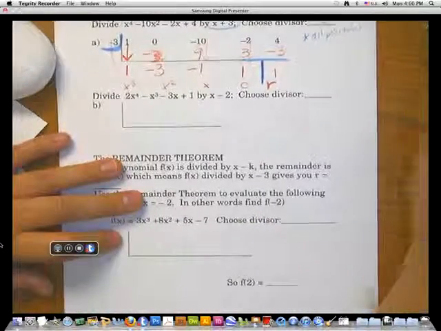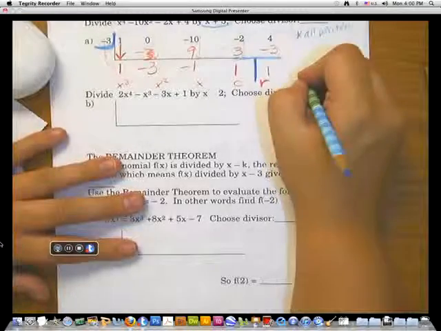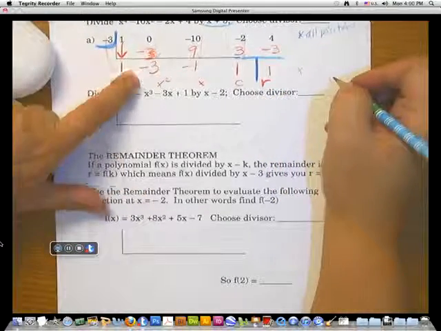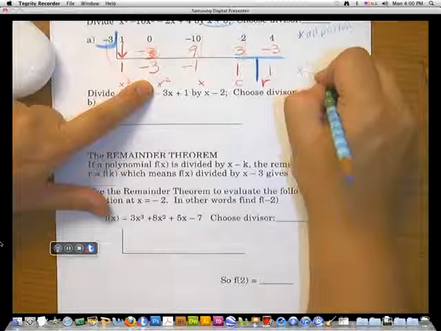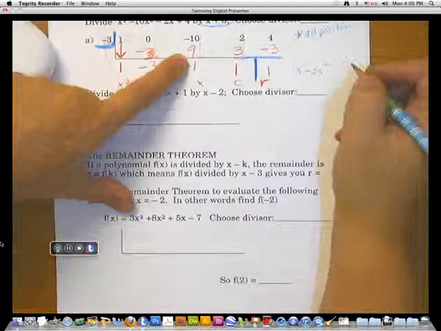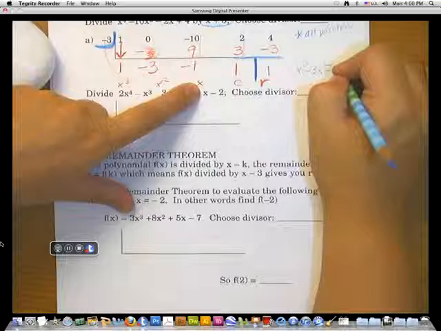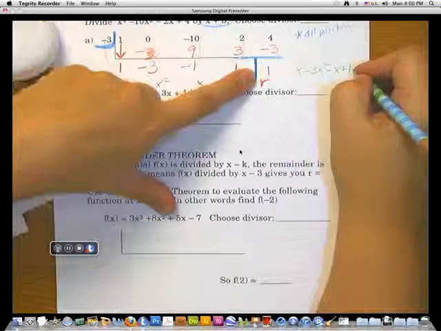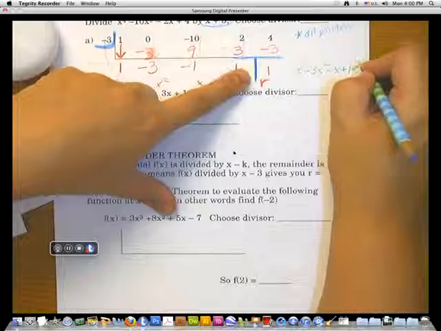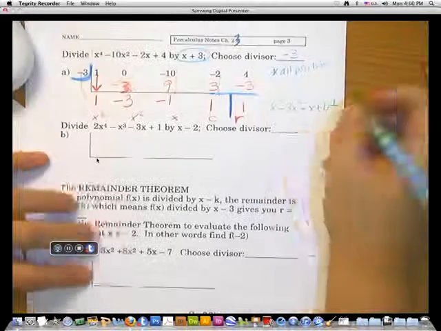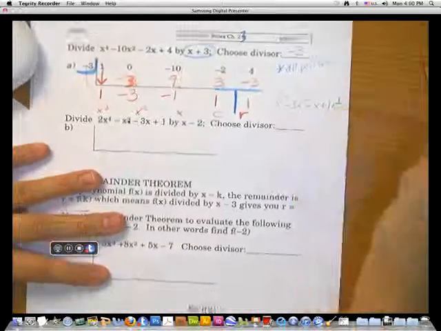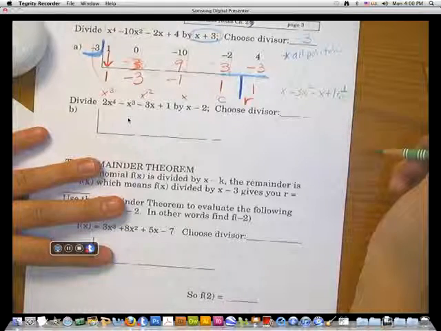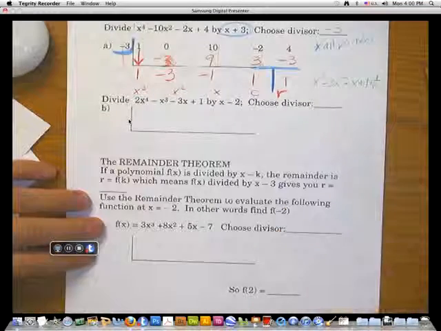So if I was going to write this as a final answer, I would say 1x cubed, so just x cubed, minus 3x squared, minus x plus 1 plus my remainder, and my remainder is always my remainder over the divisor.